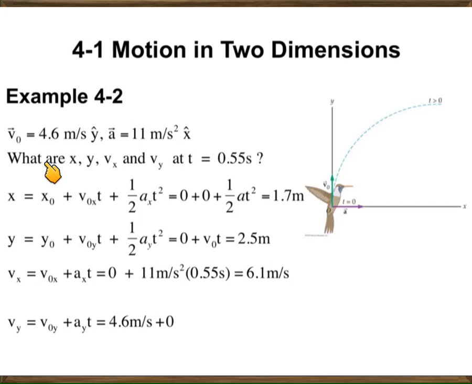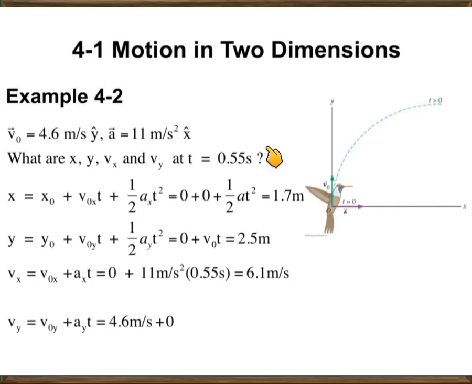The question is, what are x and y, the position in x and position in y, and the velocity component in x and the velocity component in y at a specific time given here, 0.55 seconds. So at this time, what are these quantities?